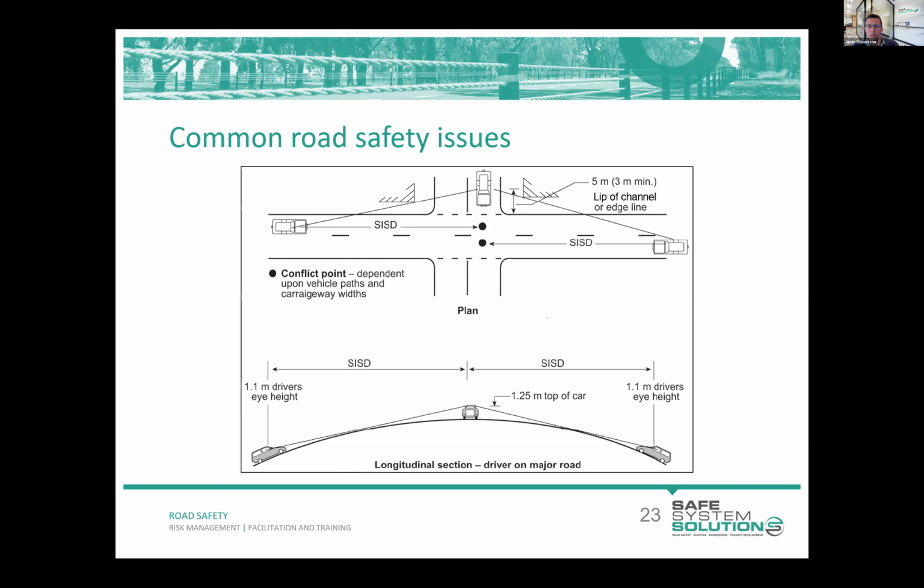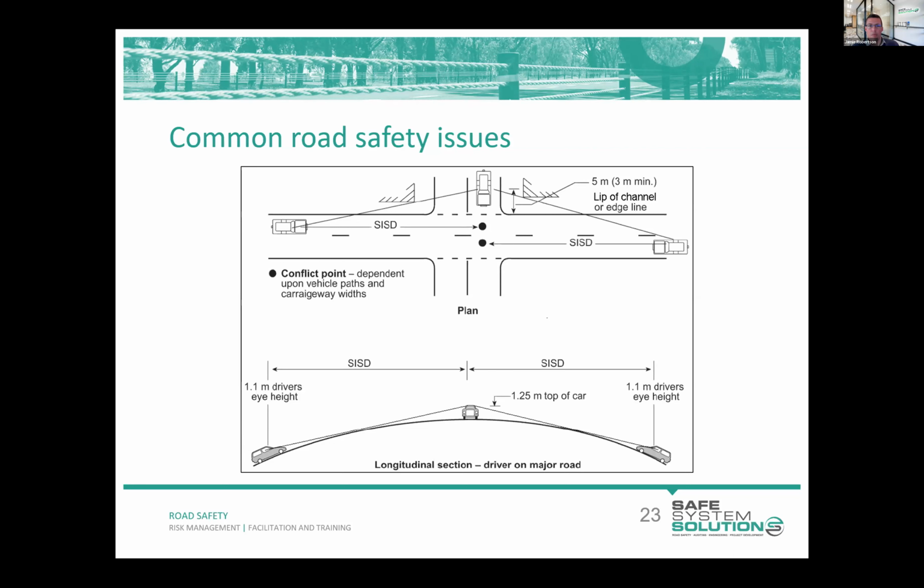Stopping sight distance is measured from driver eye height to an object of an assumed height of 0.2 of a metre. That might be an object on the road. We look to provide SSD continually along all roads, so that's perhaps our most basic sight distance requirement.